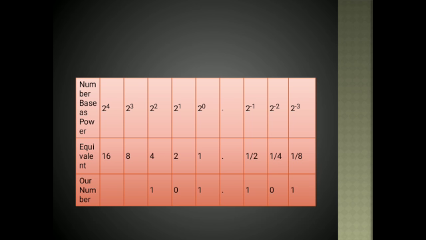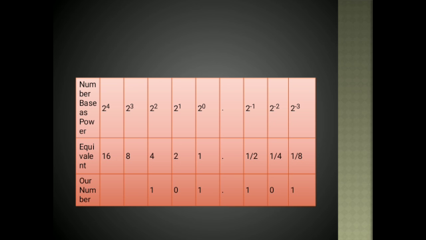This is the same as with decimal numbers, where the digits present on the right side of the decimal point are denoted with decreasing powers. And these are the examples. The negative power means we can write it as a fraction, meaning 2 to the power negative 1 means 1 divided by 2. We can write it like so.